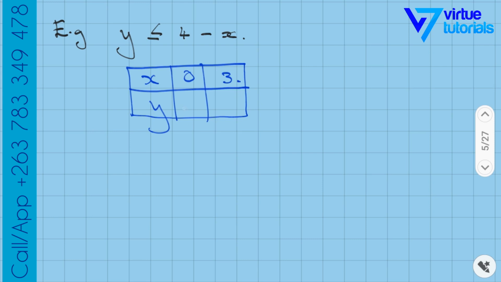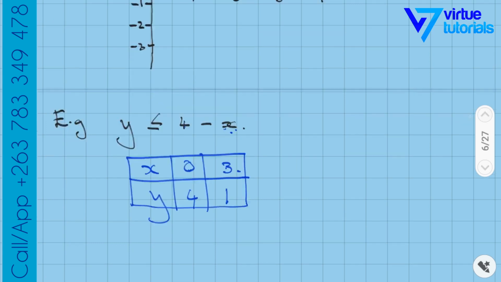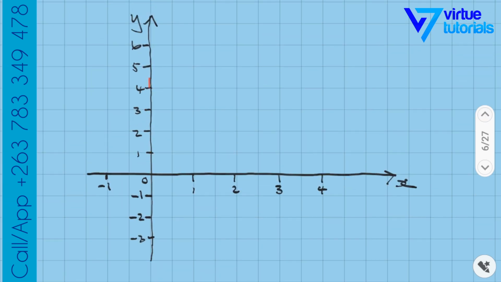When x is 0, y is 4 minus 0, which gives you 4. When x is 3, y is 4 minus 3, which gives you 1. So I've got my points 0, 4, and 3, 1, and I can mark those points.